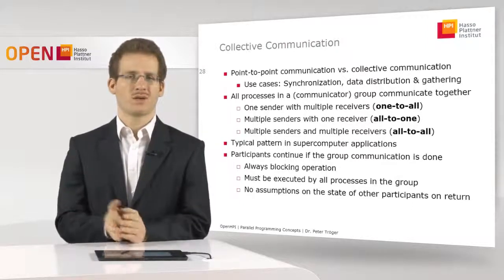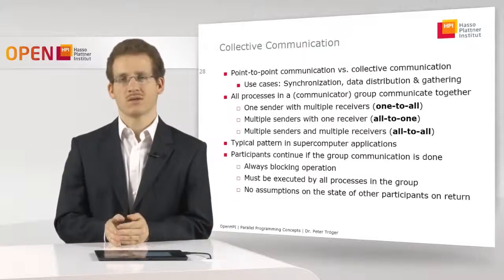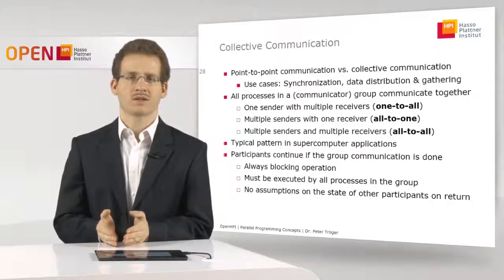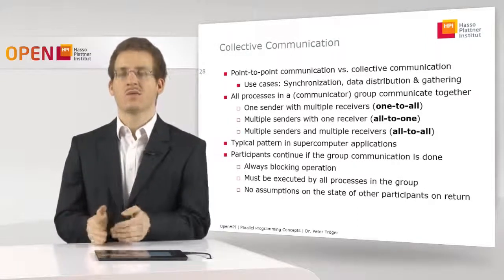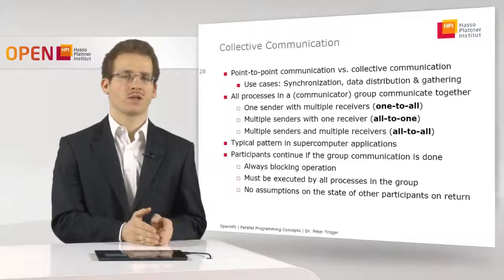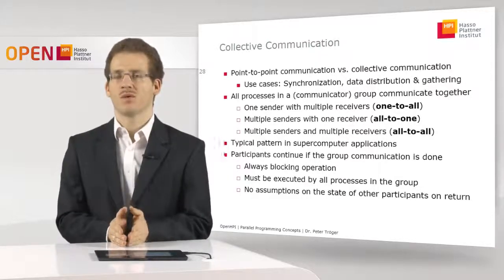Collective communication is very important, especially when it comes to simulations or when you look into supercomputer applications. And it's also something that is very heavy in terms of communication overhead, because this is way more messages being exchanged than with a single point-to-point communication. So the interesting question is, is this something you want to have?